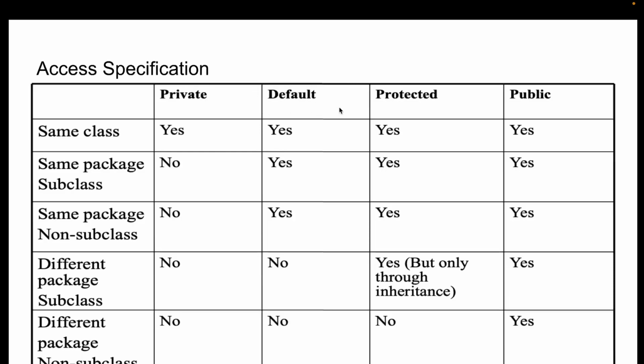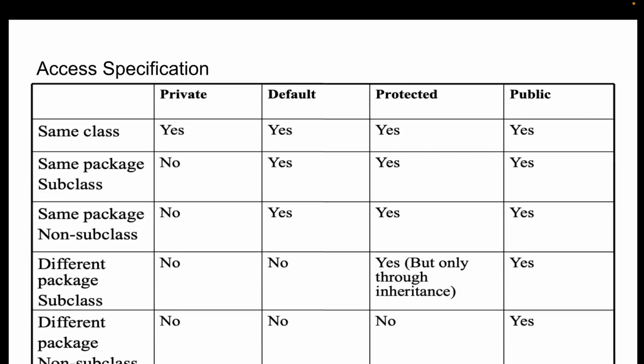What that means is default has its scope of access within the same package. Suppose I have created one package and I have say 10 files in that, and I want to access any of the files from another file in that package. I will be able to do that.